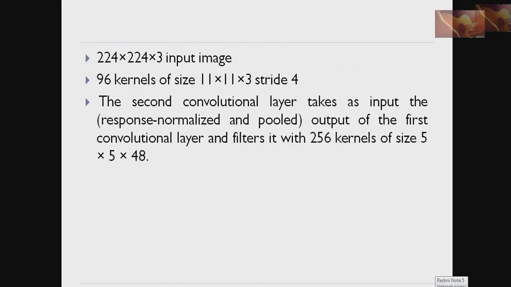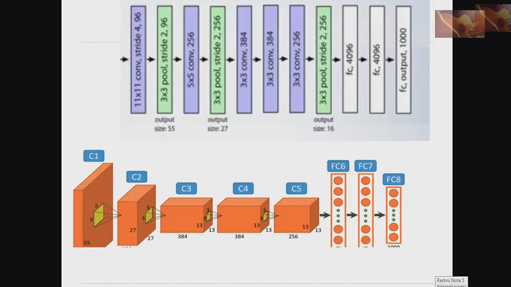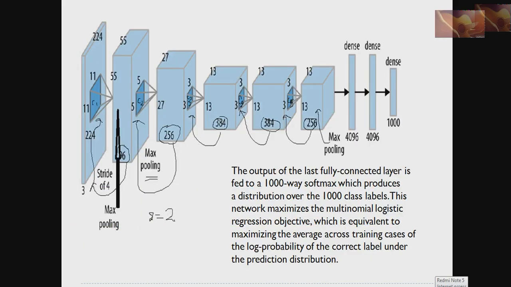But in many figures, like here I have shown many figures, on the output 55 cross 55 they are showing convolution. Like here you can see 55 cross 55. Here the 55 cross 55 has had the max pooling layer applied, but they are showing it as convolution C2, because where has the C2 vanished.